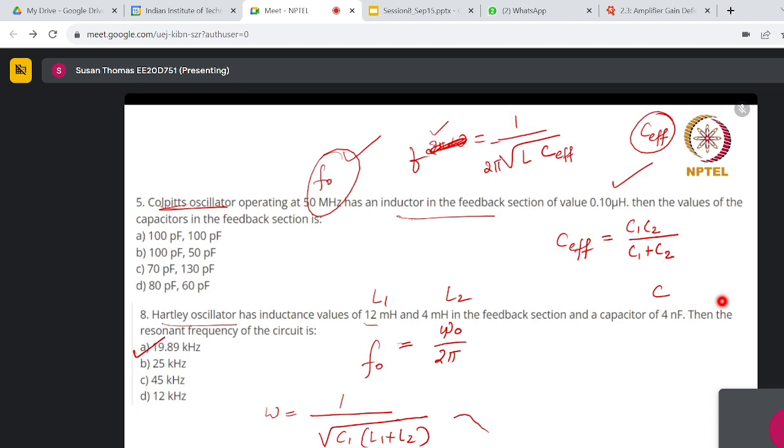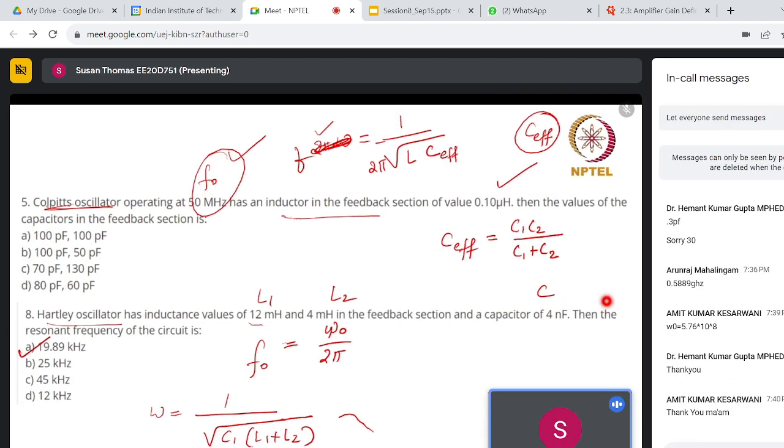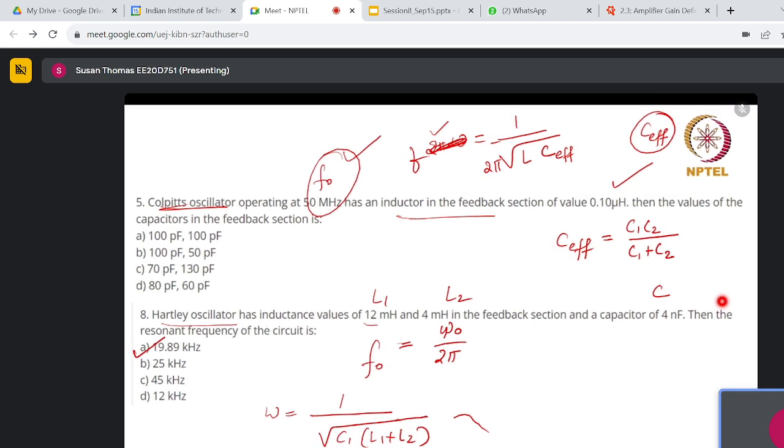Option D. Option D, 80 and 60. No, ma'am, no. Or you said B, 150? Effective capacitance, how much you are getting?